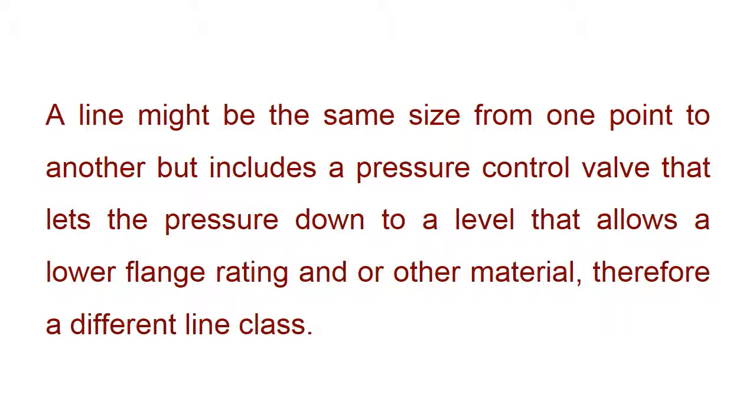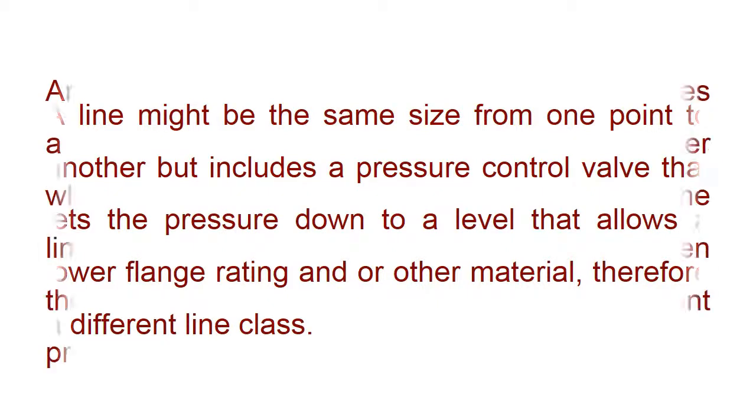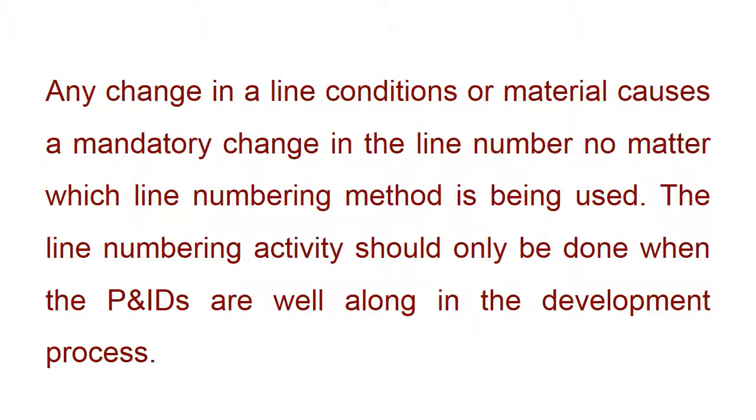The line might be the same size from one point to another, but include a pressure control valve that lets the pressure down to a level that allows a lower flange rating or other material, therefore a different line class. Any change in the line conditions or material causes a mandatory change in the line number, no matter which line numbering method is being used.